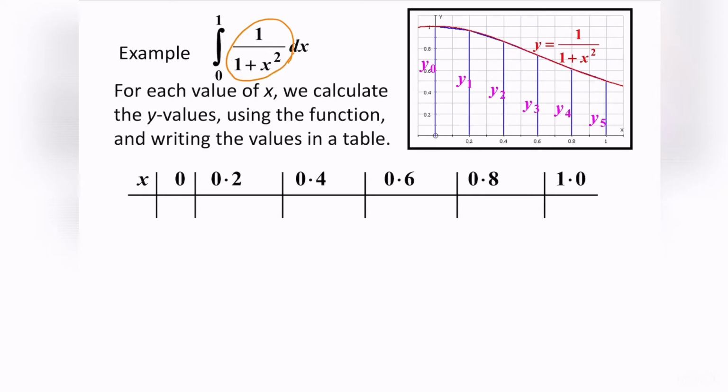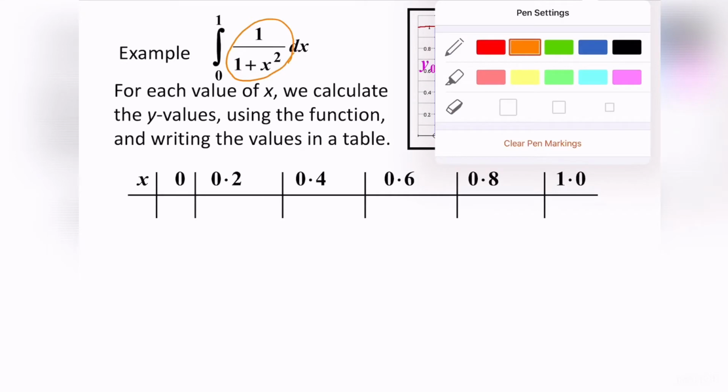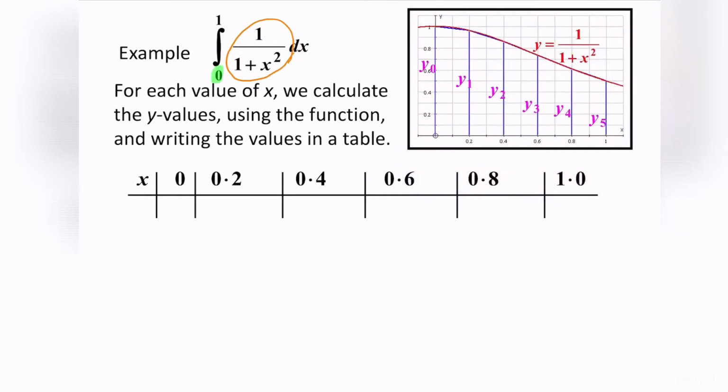And the thing is, x is not always given to you, so you need to find x. How to find x? Basically, you look at your limits. Our limits in this question are from 0 to 1. So the limits here are 0 and 1.